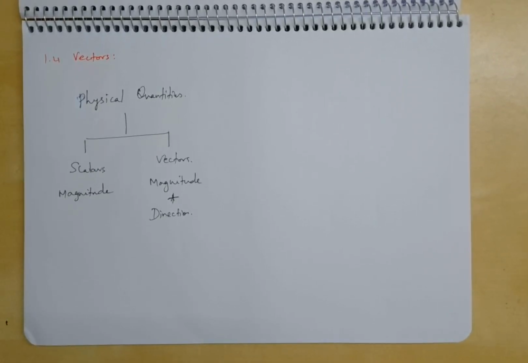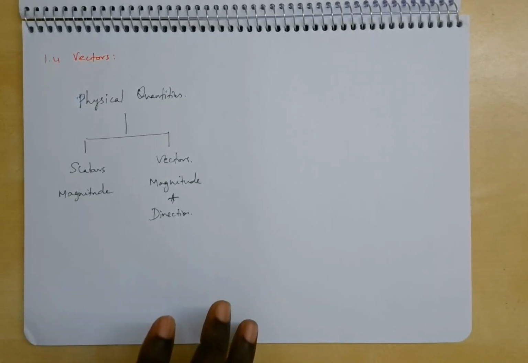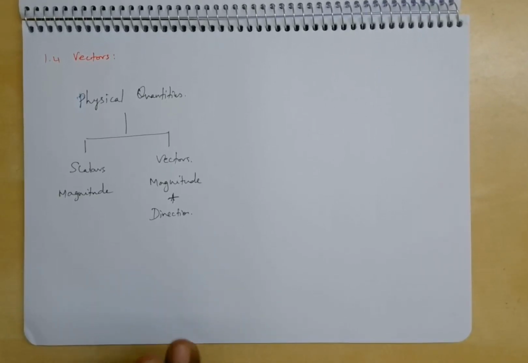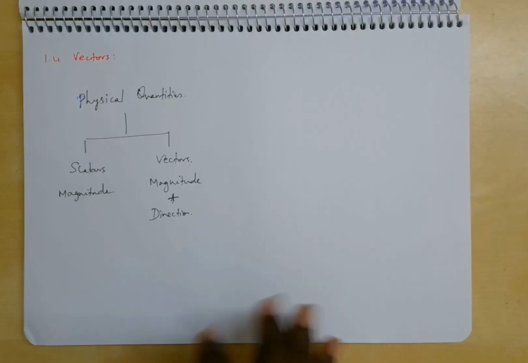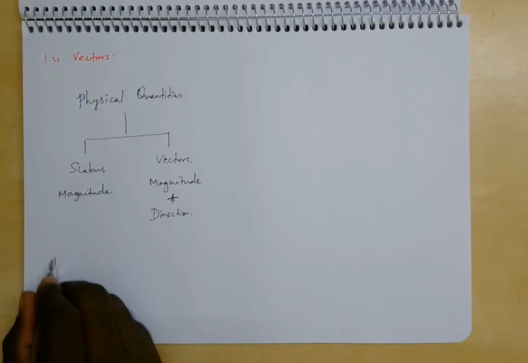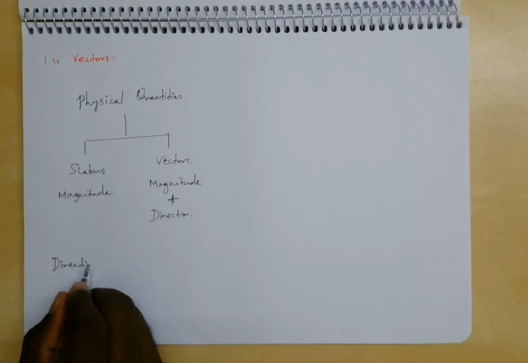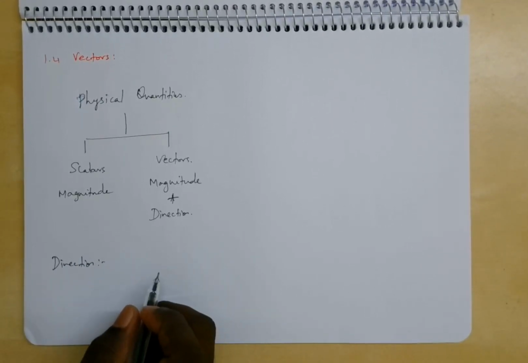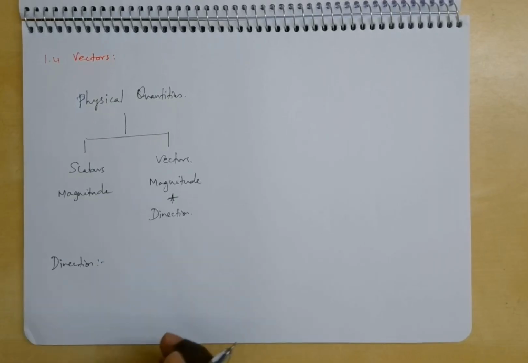Now, in general, a scalar is something where even if you change the orientation, the value we are telling will not change. Orientation in the sense of direction. Specifically, first let's discuss what a direction is. Direction involves two points. With one point, can you tell direction?